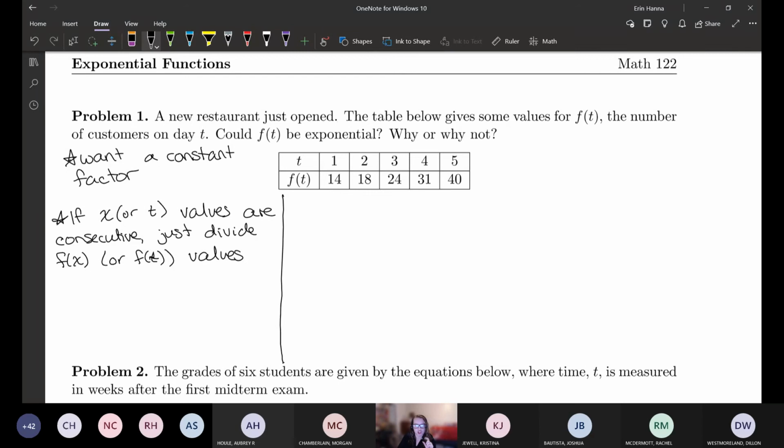So if we were to start trying to check for the constant factor, notice that between 1 and 2, they're consecutive. They increase by 1. So we would take their, I need to be careful here too. How do I want to phrase this?